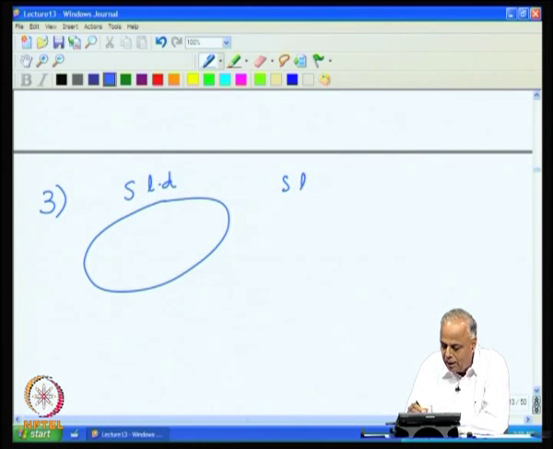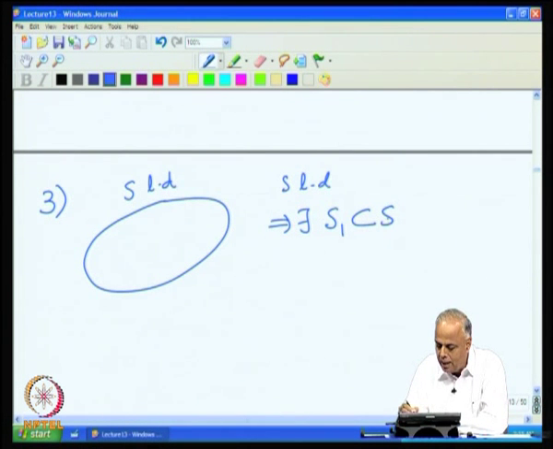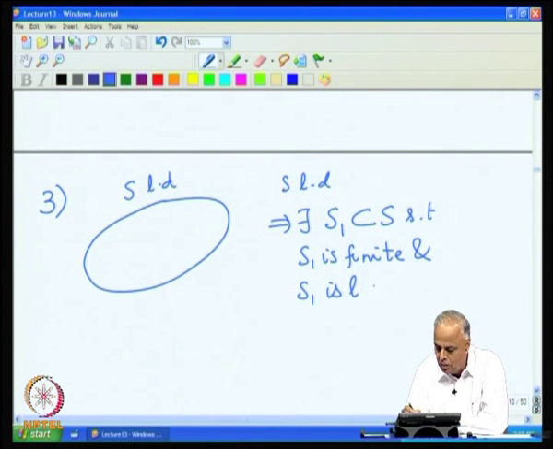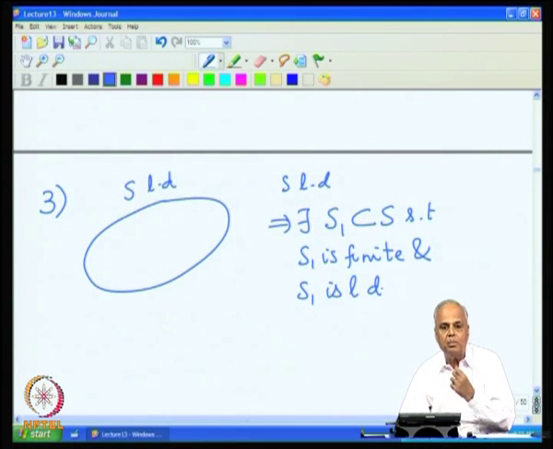So, S linearly dependent implies there exists a set S1 contained in S such that S1 is finite and S1 is linearly dependent. So, every linearly dependent set must possess a finite linearly dependent subset.